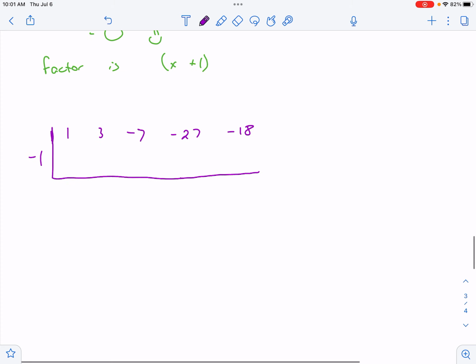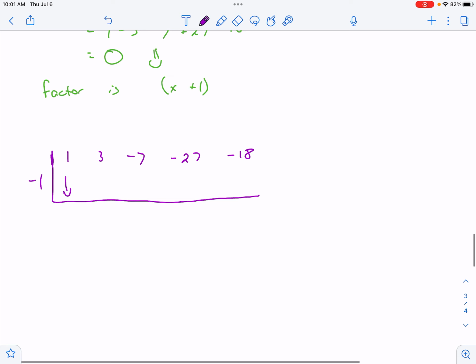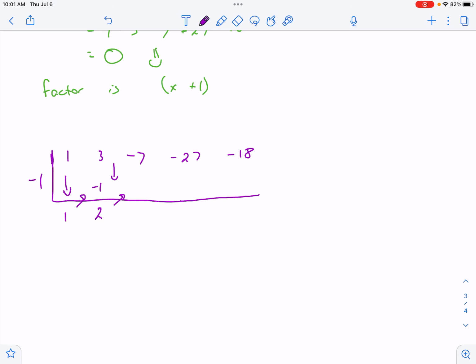Okay. Drop down the 1. Multiply across. Add down. Multiply across. Add down. Multiply across. Add down. Multiply across. Add down. Yay, we got 0.